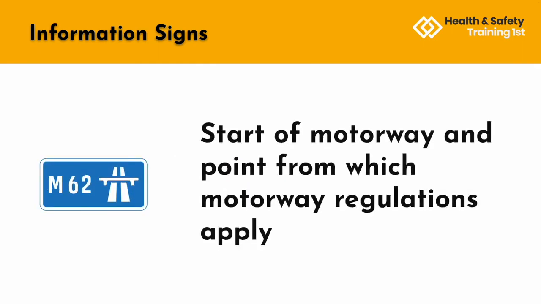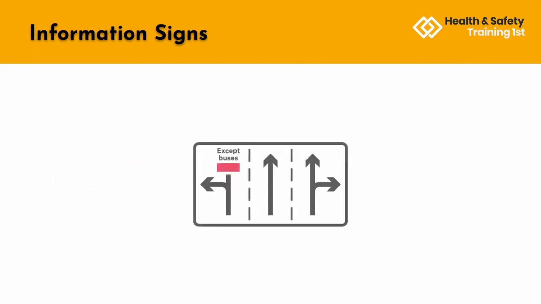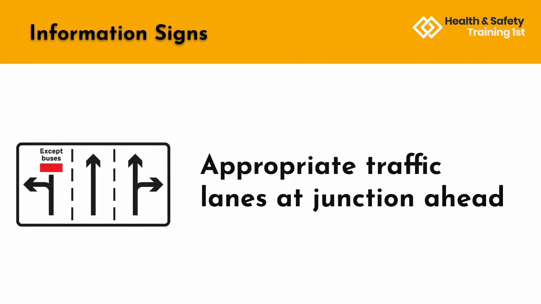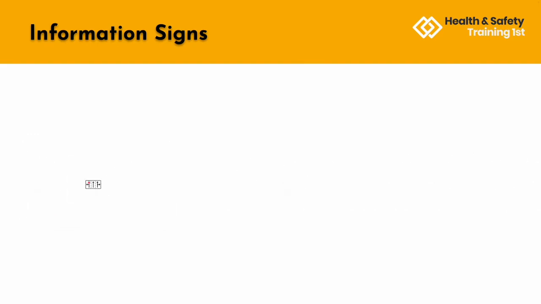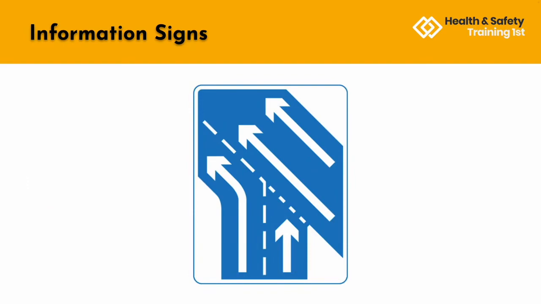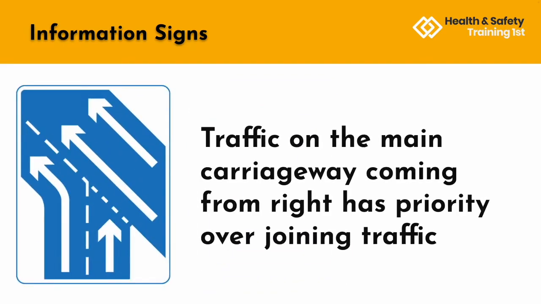Start of motorway and point from which motorway regulations apply. Appropriate traffic lanes at junction ahead. Traffic on the main carriageway coming from right has priority over joining traffic.